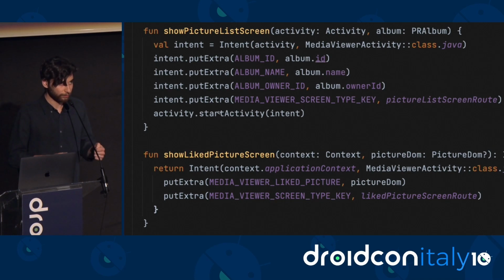So based on which screen we need to start with, we just call one of these static functions. It basically means that our activity knows which screen we want to start with, and our NavHost is in our activity, so our NavHost also knows which screen we need to start with.